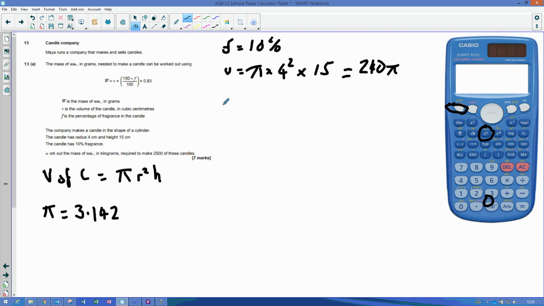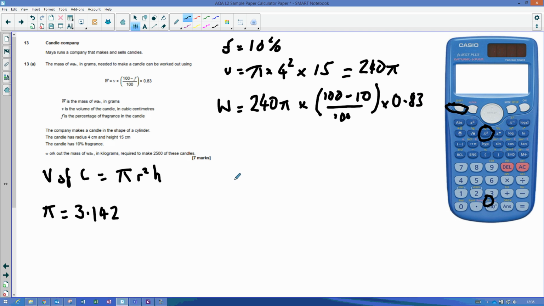So we're going to do W equals V, which we know is 240 pi, times all this stuff in the brackets, which is 100 minus 10 over 100, and then times 0.83.